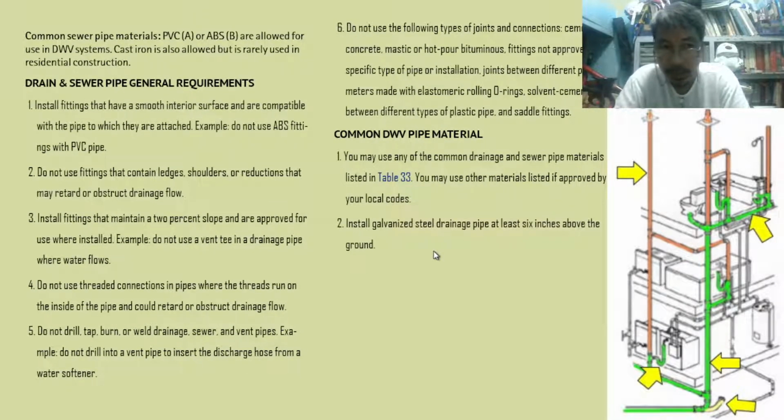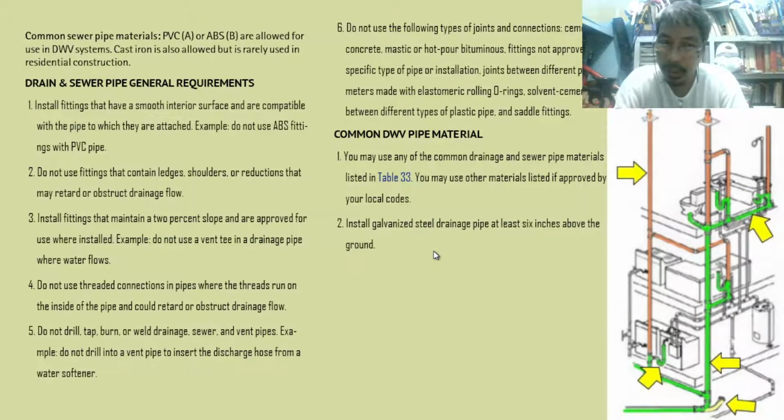Drain and sewer pipe general requirements. Number 1, install fittings that have a smooth interior surface. Again, in order to prevent clogging, because clogging is not immediately experienced. It is an aggregate of dirt that would clog a pipe in the long run, for example after months or years of use.